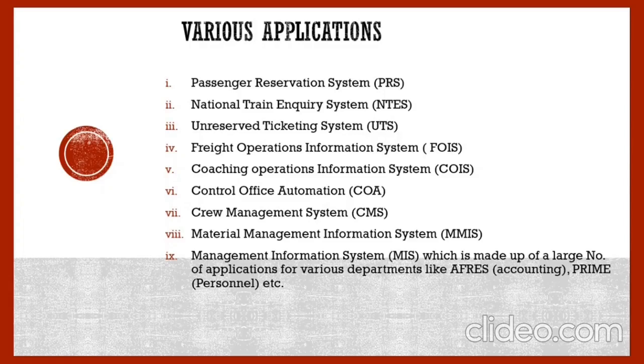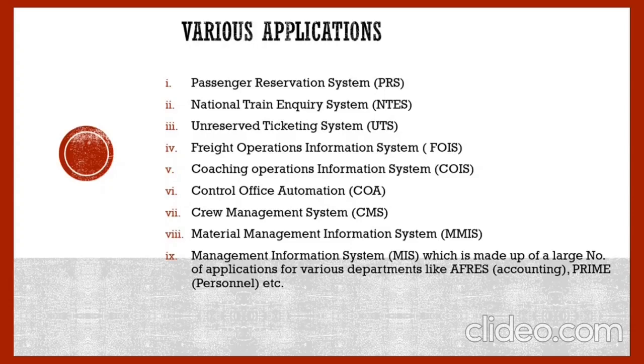In the first one, there is the passenger reservation system, and they have also given the short form PRS, or we will just call it reservation. These are the uses that we are seeing of the network. And second is the National Train Inquiry System. Then the unreserved ticketing system, for that also networking is used here.